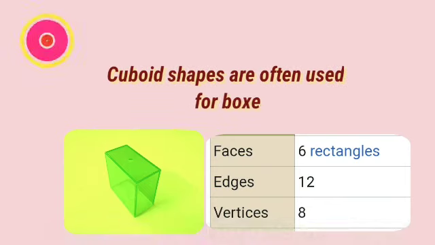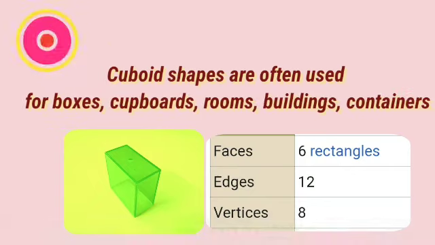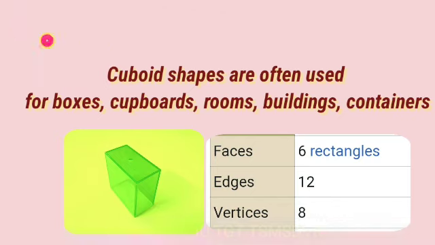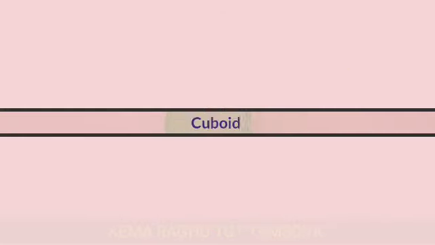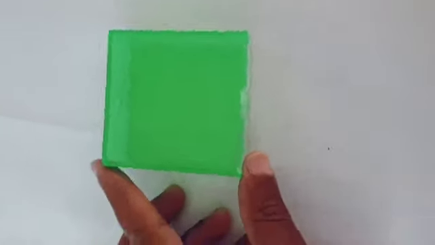Generally, the cuboid shape you can notice as boxes, cupboards, rooms, buildings, and containers. Now, if you notice here, this is an example for a cuboid where it has 6 faces which are rectangular in shape.